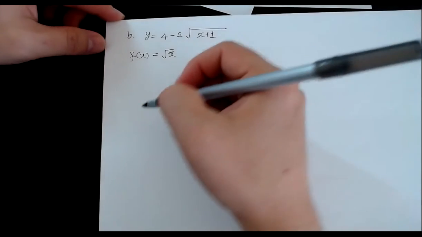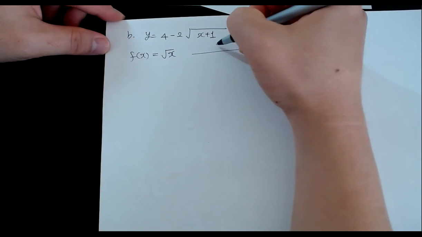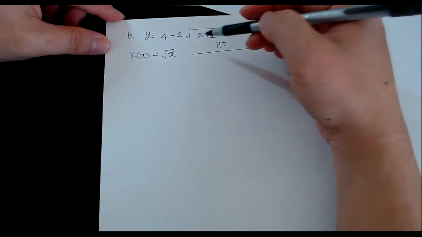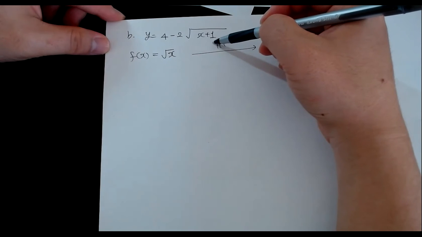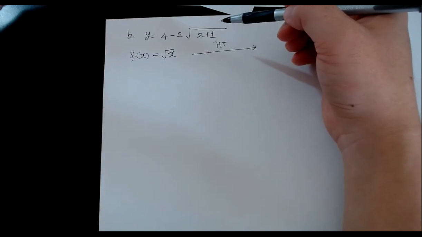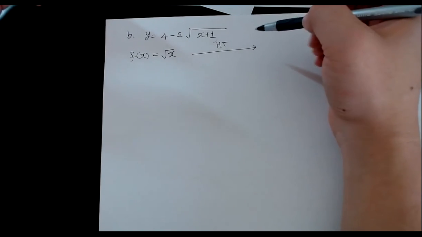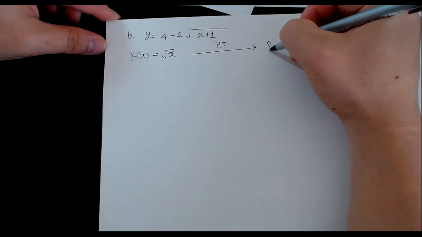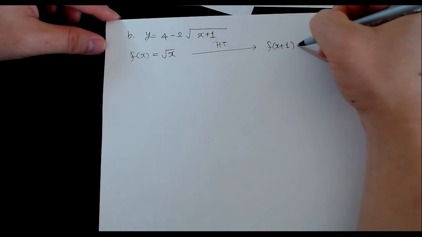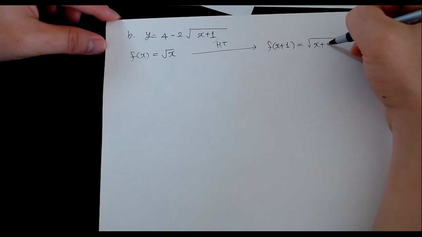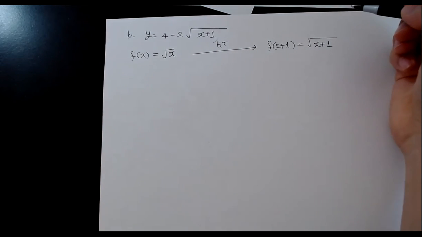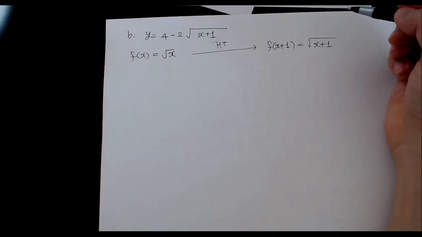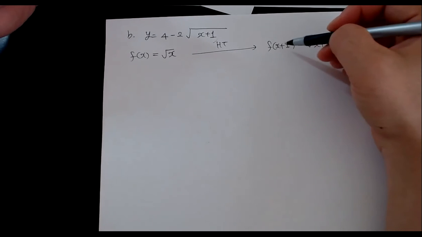All right, so first we apply the horizontal translation, right, to get the x plus 1. Following the order of transformations, you have to apply the horizontal translation first. So we get f of x plus 1, which is the square root of x plus 1. Actually, it's a translation of 1 unit to the left, because x plus 1.